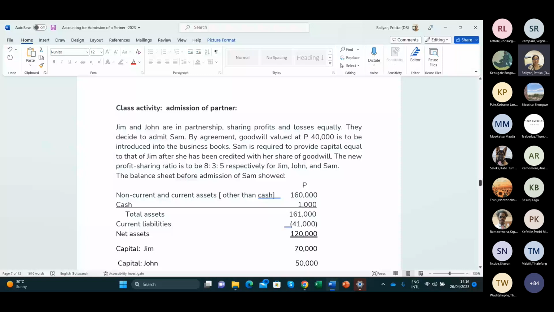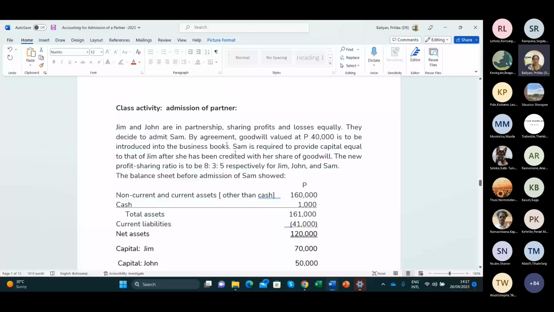Number one, Jim and John are in partnership, sharing profits and losses equally. They decided to admit Sam by agreement. Goodwill valued at 40,000 is to be introduced into the business books.